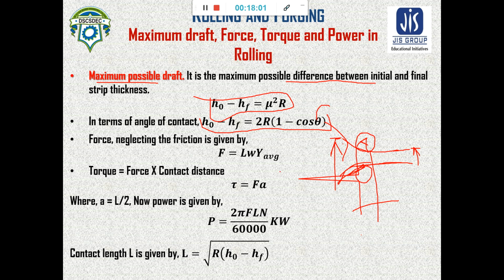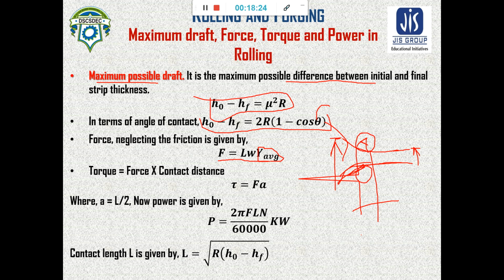is our angle of contact. Now the required force for rolling is given by F equals L W Y average, where Y average is the average permissible stress.